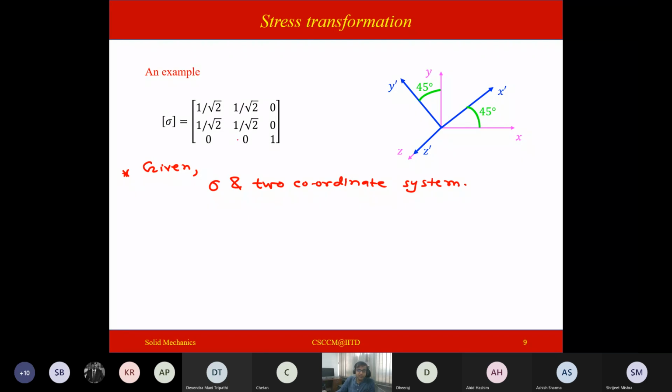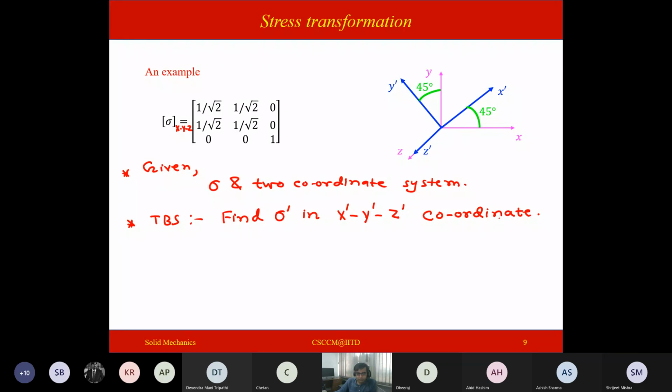This sigma is given in the x, y, z coordinate. And the problem to be solved is to find sigma prime in the x prime, y prime, z prime coordinate. So this is a problem related to stress transformation, which we have studied already.